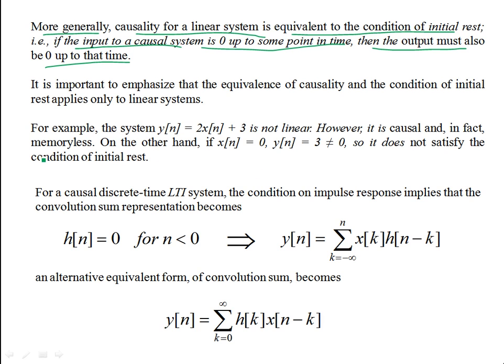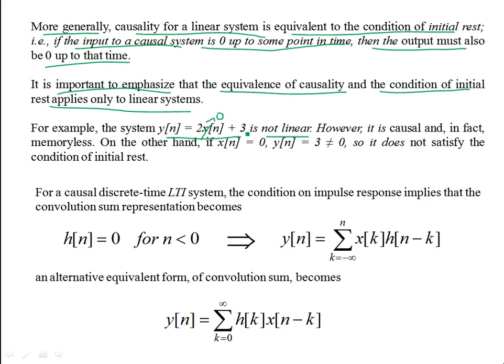It is important to emphasize that the equivalence of causality and the condition of initial rest applies only to linear systems. For example, you see this system y of n equal to 2 x of n plus 3 is not linear. Why is it not linear? Because if I make the input go to 0, the output is not 0.